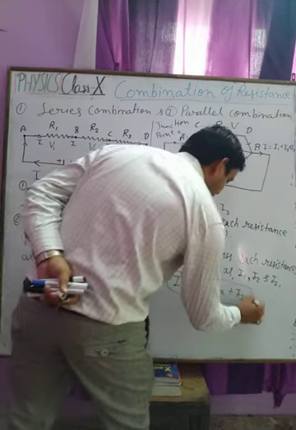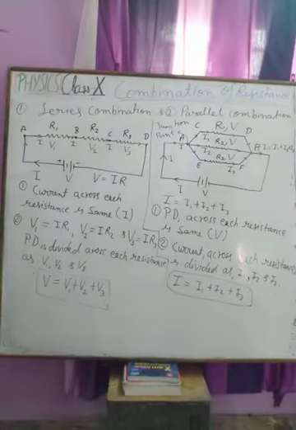This is the rule of division and the potential difference. Okay, just copy this, then we are going to the formula for the equivalent resistance for each of the cases.